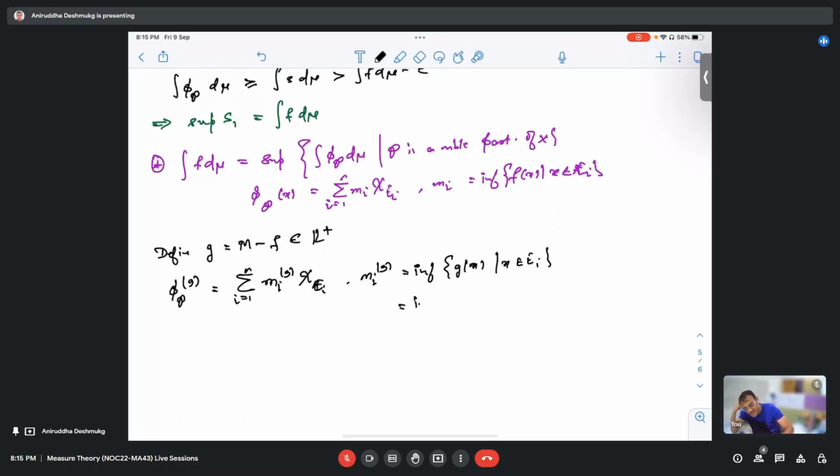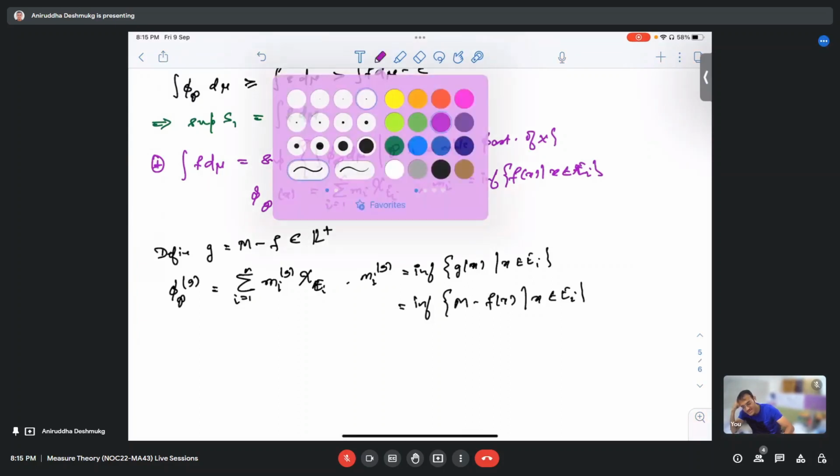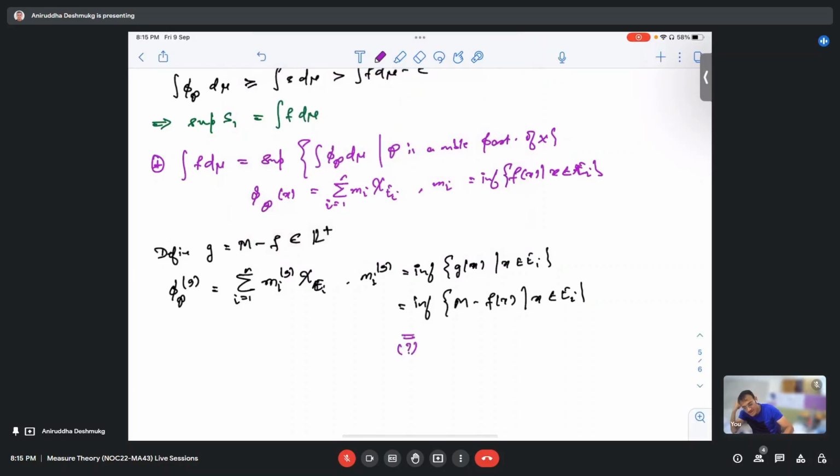But this I can write as the infimum of M minus f(x) as x belongs to E_i. You tell me whether we can write it like this: this is equal to M minus the supremum of f(x) as x belongs to E_i. Can I write this?